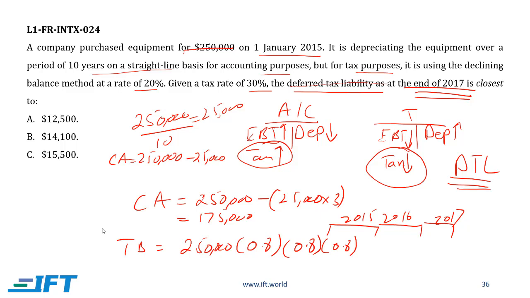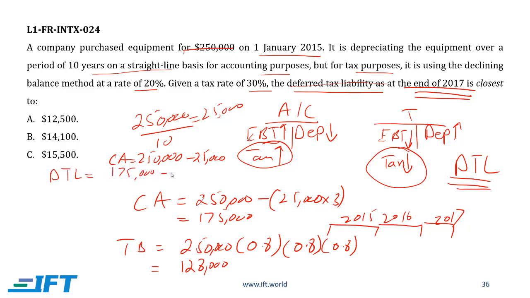Are you getting this point? So 250,000 times 0.8 is your ending balance, and then again we multiply it by 0.8. So we get the ending balance at the end of the second year, and the ending balance at the end of the third year. So what is the tax base? 128,000.